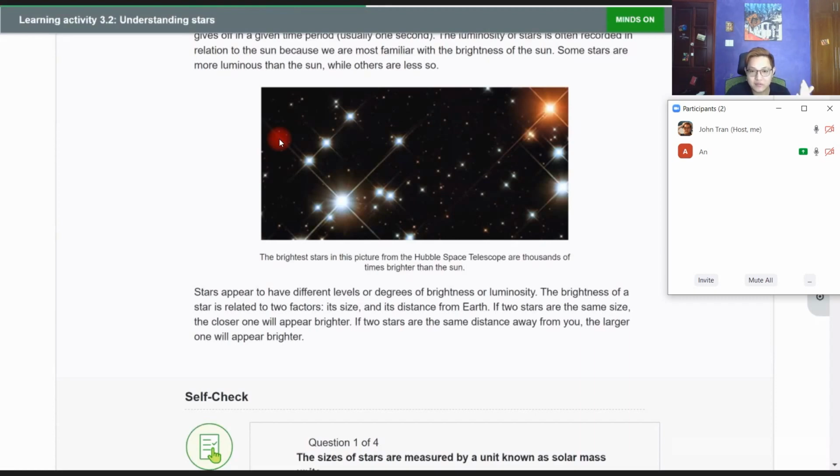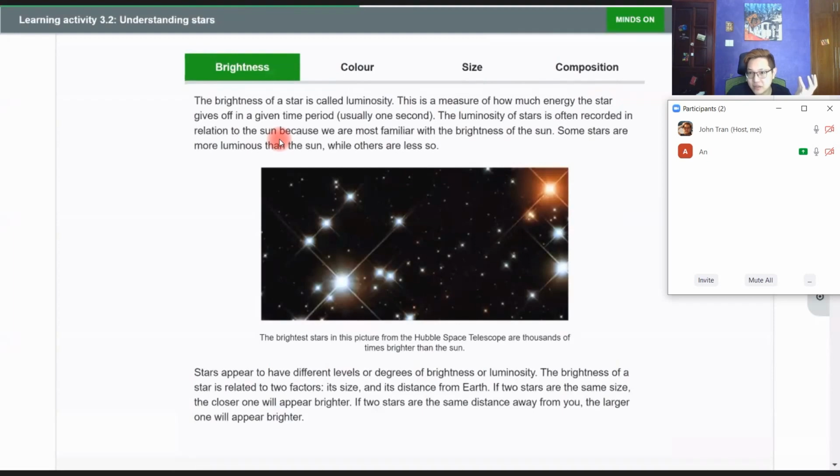And how far it is away from Earth. If two stars are the same size, the closer one will appear brighter. For example, if you have a light in front of you and another light 10 meters away, you will see the brightness differently, depending on the distance between it and you.